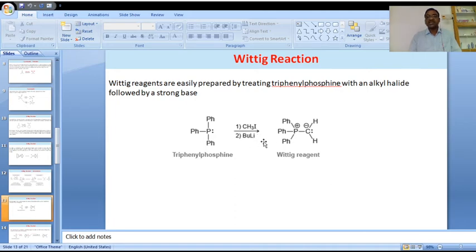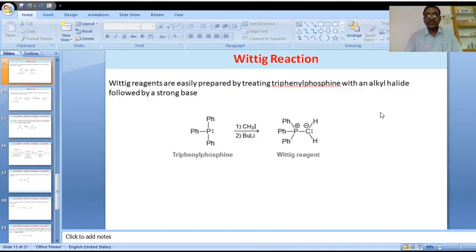In the presence of the strong base, this phosphorane is formed. This is called the Wittig reagent, the phosphorane ylide, that positive and negative charged species. This is one of the preparation methods of Wittig reagent.